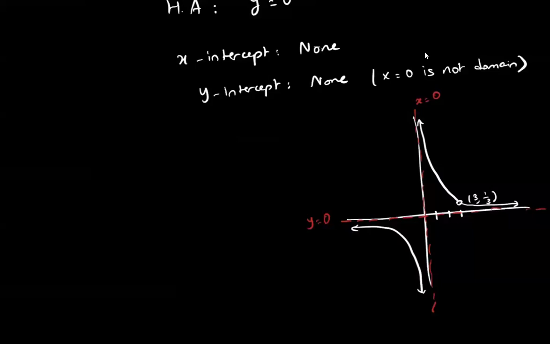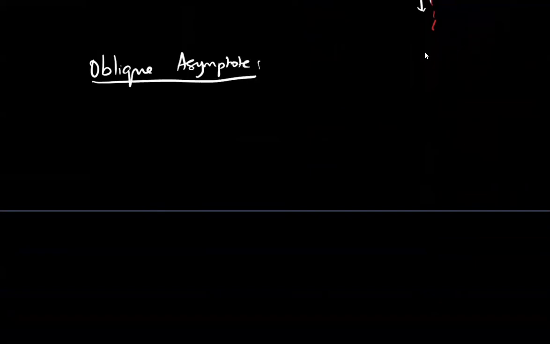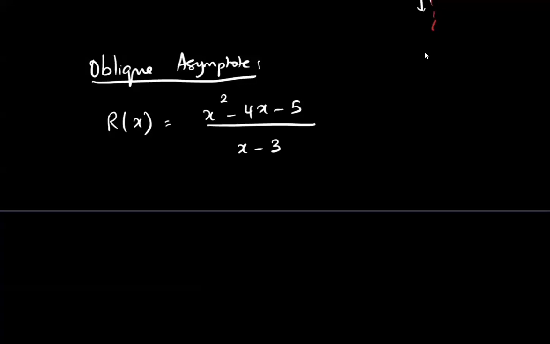Okay, now let's see where we might have an oblique asymptote. Oblique asymptotes happen when the degree of the numerator is exactly one more than the degree of the denominator, like in this case. So how does the oblique asymptote look?